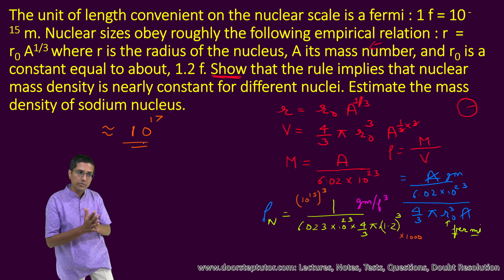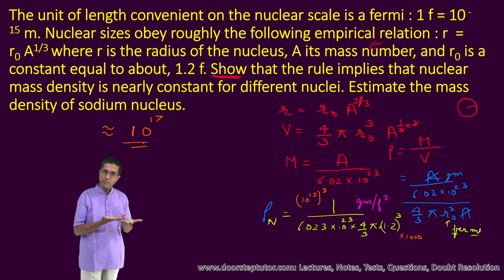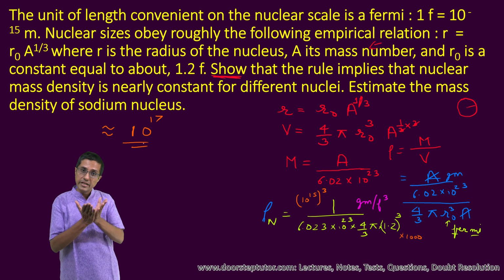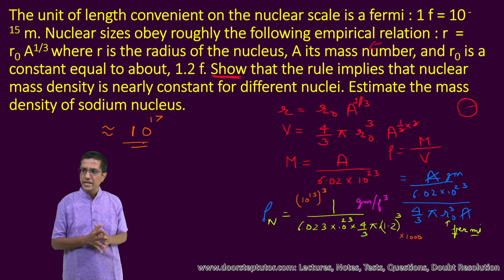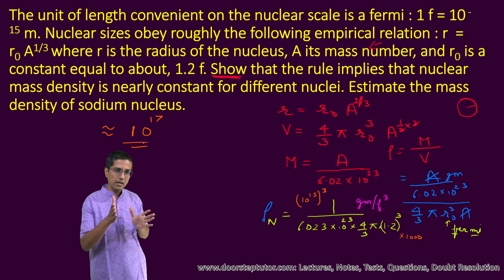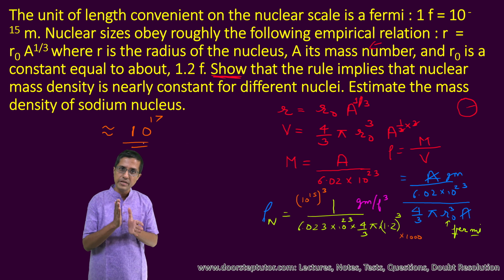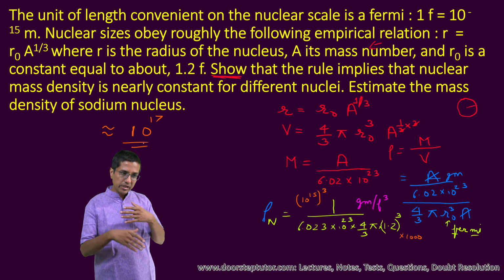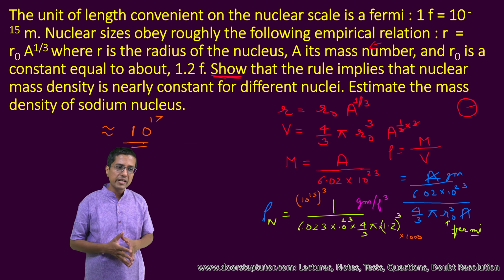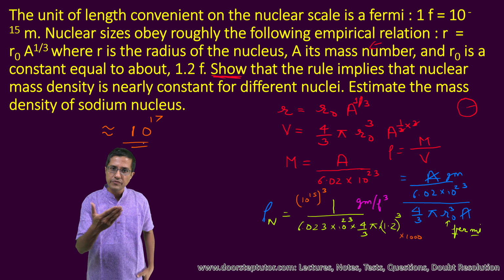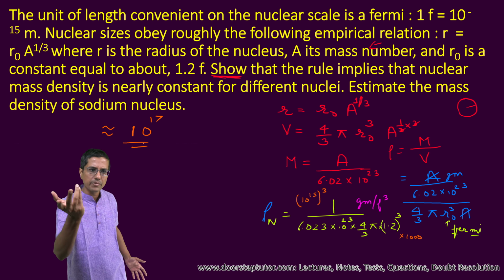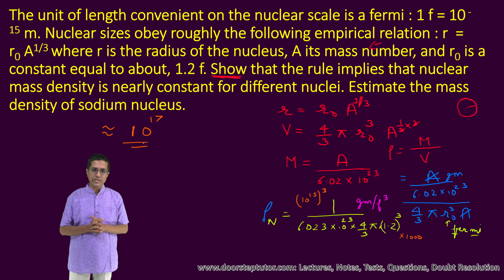Earlier we were dealing with the atomic density, now we are dealing with the density of the nucleus. It is orders of magnitude larger than the atomic density for the sodium atom that we computed. With this, we have computed the nuclear density of all the nuclei, because it is independent of the mass number.